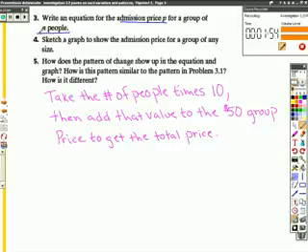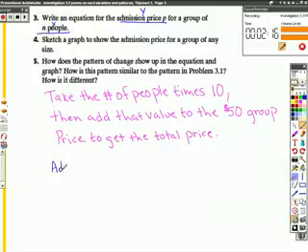What is determining what? The number of people is determining my admission price. So the number of people is my X, and the admission price is my Y. When we write an equation, the way that we set it up is we always solve for Y.